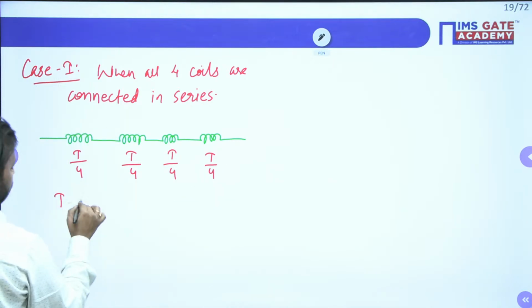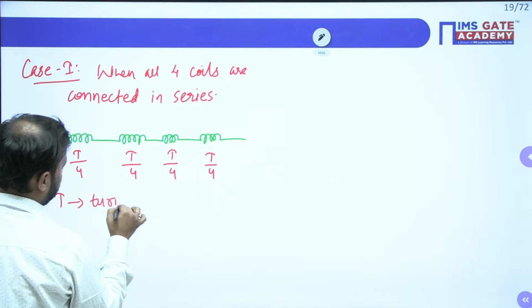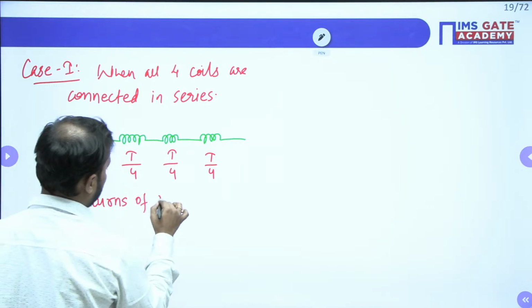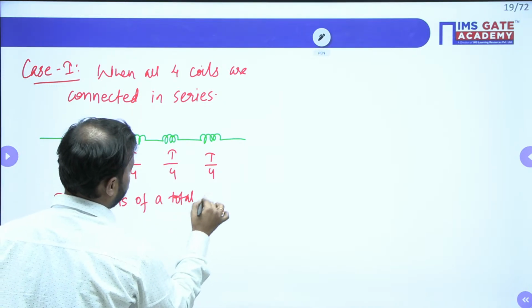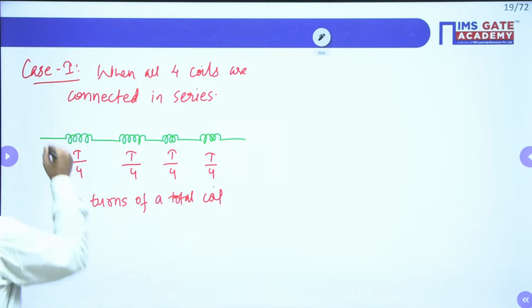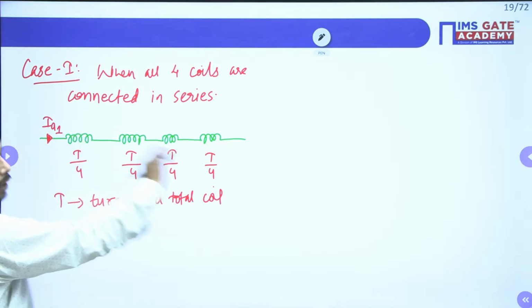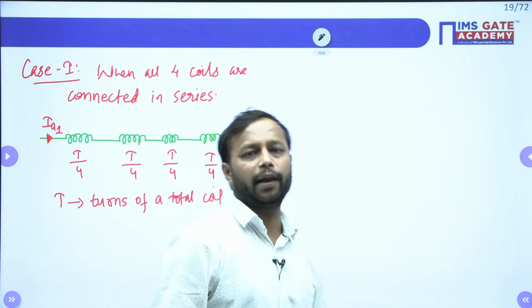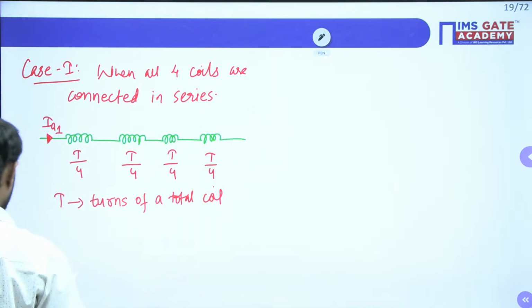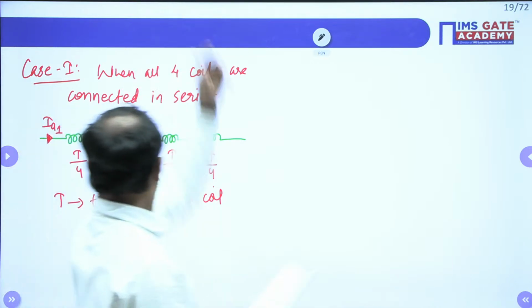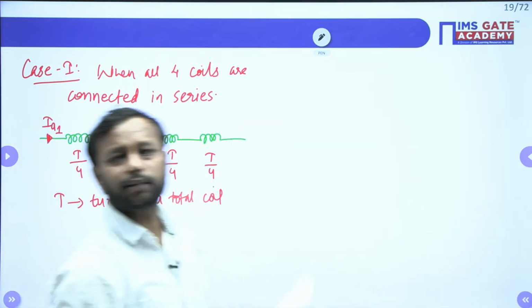And T is what? Turns of a total coil. And exactly at this time, let me take the current that this coil is taking as IA1. Clear, my friend? Any doubt in this?